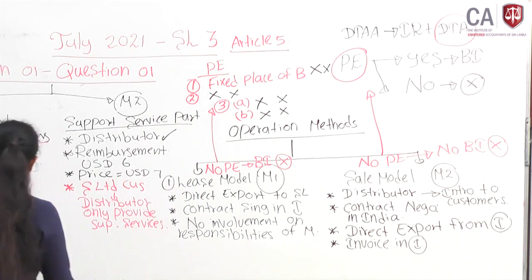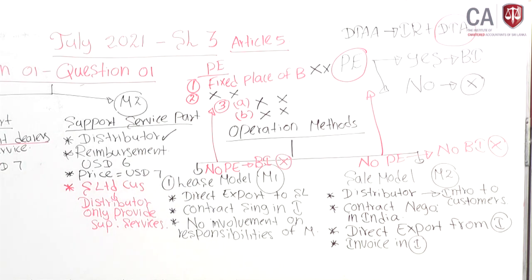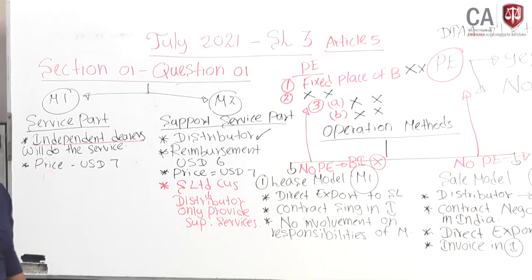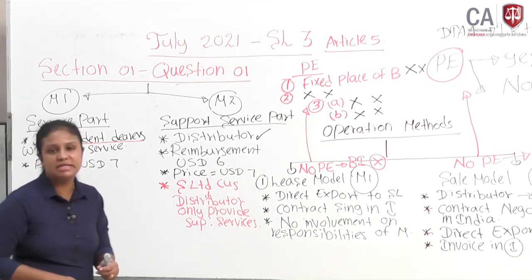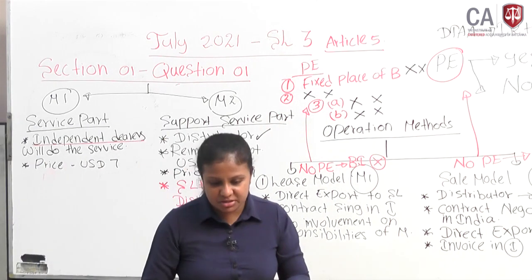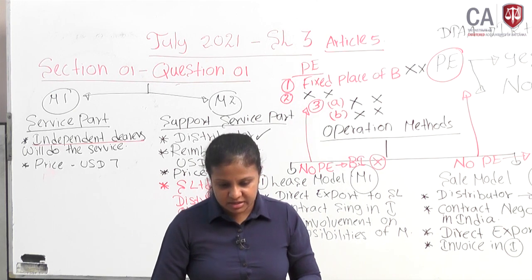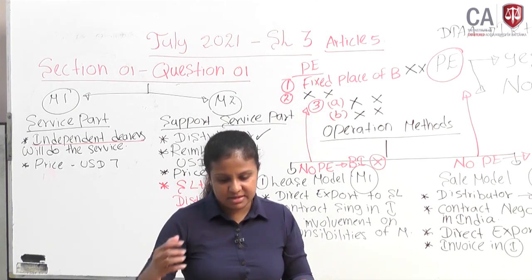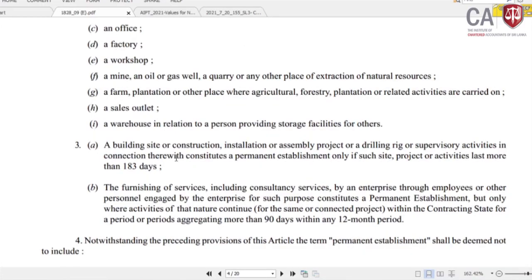Now we will come to my service part. Does this create a PE? No. Why? This is a provision of service. If it is a provision of service, what we can go to is the furnishing of services, including consultancy services, by an enterprise through employees or other personnel engaged, and it has a 90-day condition.